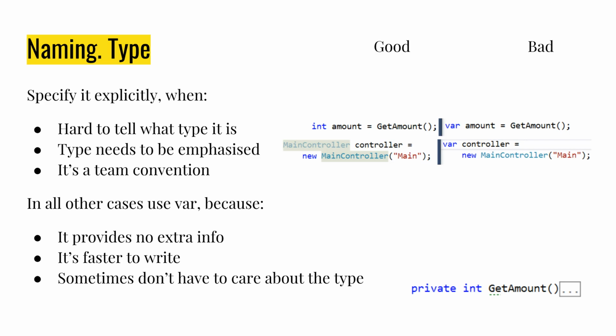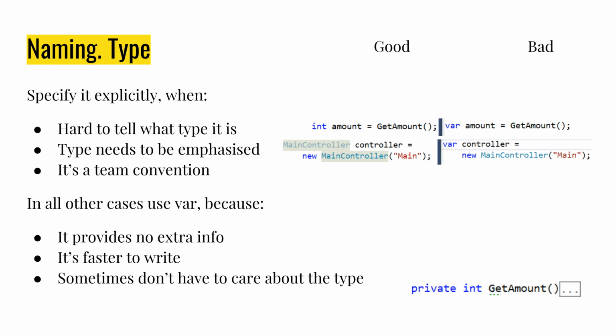That is another important thing, as opposed to hiding it when you want to say how important the type is. And lastly, if your team says to explicitly specify and define types, do it. Don't argue with the team. That's the most important thing.